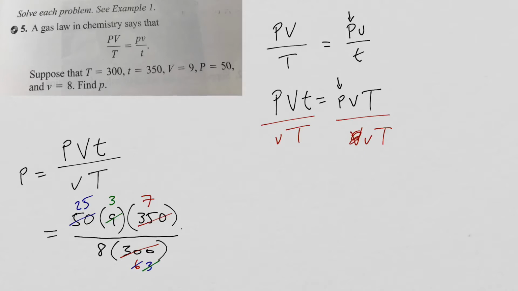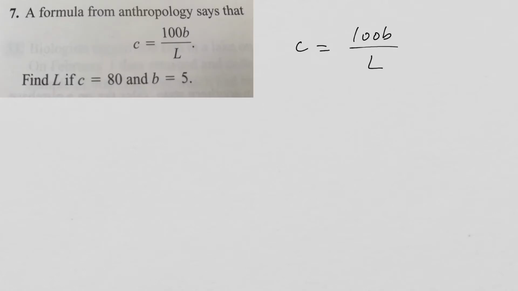So when we multiply across the top, we get 75 times 7, which is 525 over 8. And I guess I'm going to use a calculator to reduce that. This is 65.625.